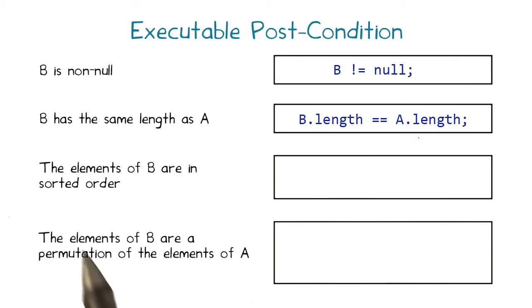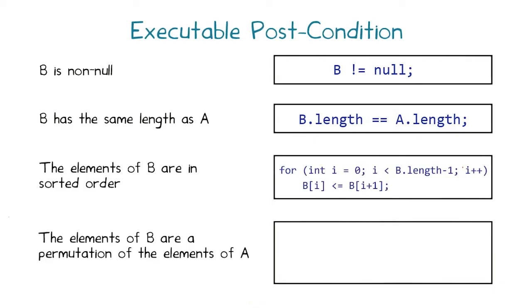The third part of the post condition, that the elements of B are in sorted order, is a bit more complex. Here we would need to check that B[i] is less than or equal to B[i+1] for all i between 0 and B.length minus 2, or greater than or equal to if we were doing a descending sort instead of an ascending one.